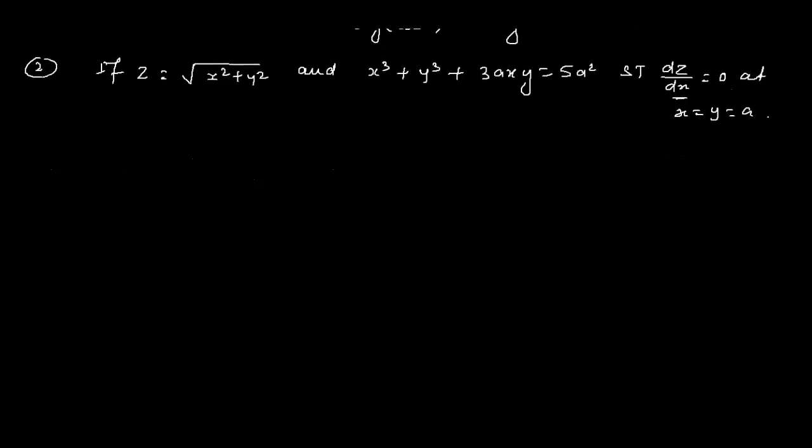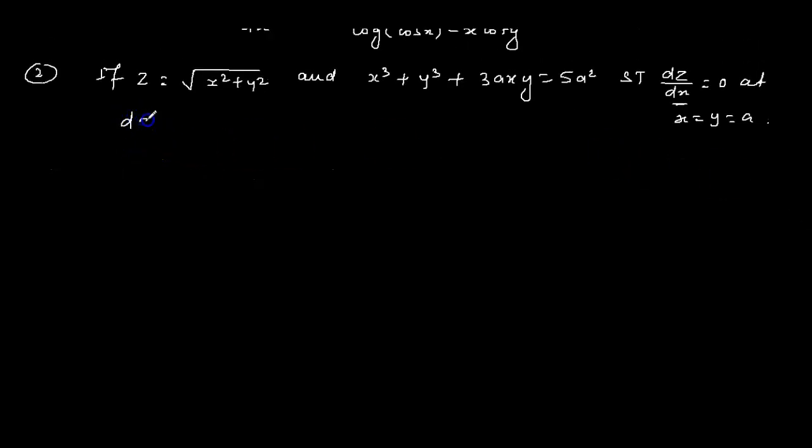So this formula is dz by dx is equal to del z by del x plus del z by del y times dy by dx.